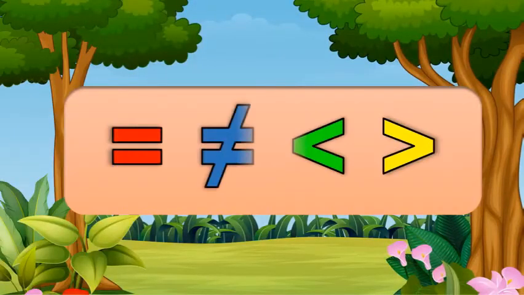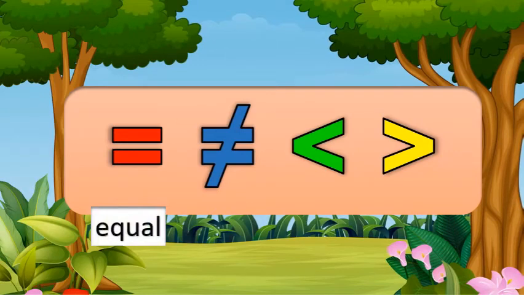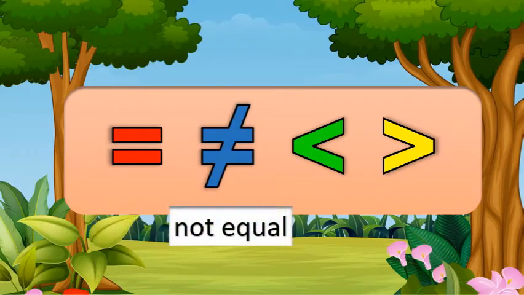Let's practice the words again. Equal. This is the sign if the value is the same or they have the same number. Unequal or not equal to. This is a sign if two numbers are not the same or they don't have the same value.